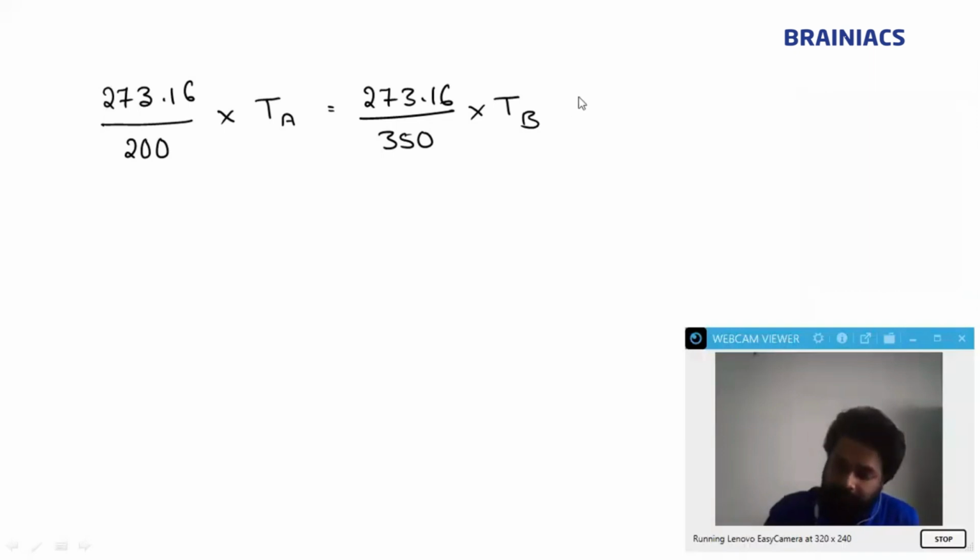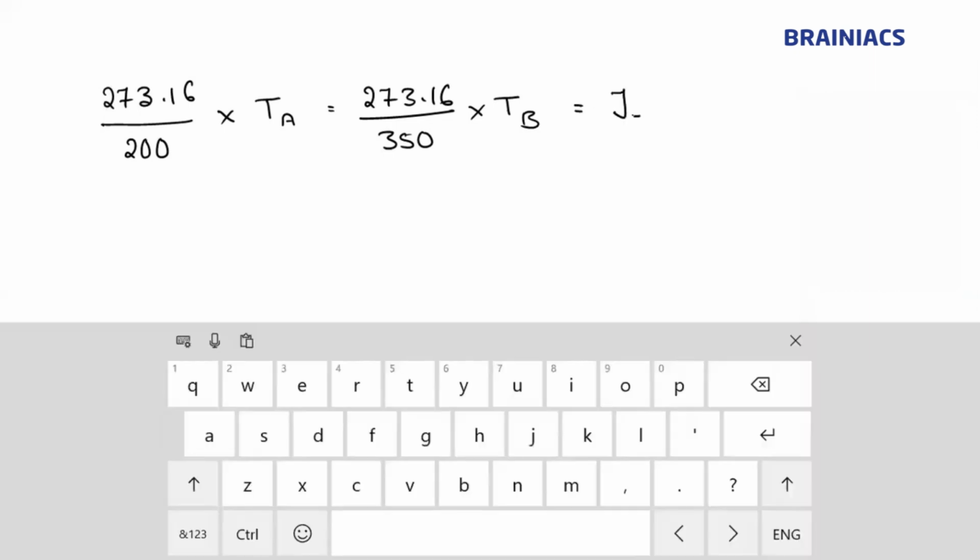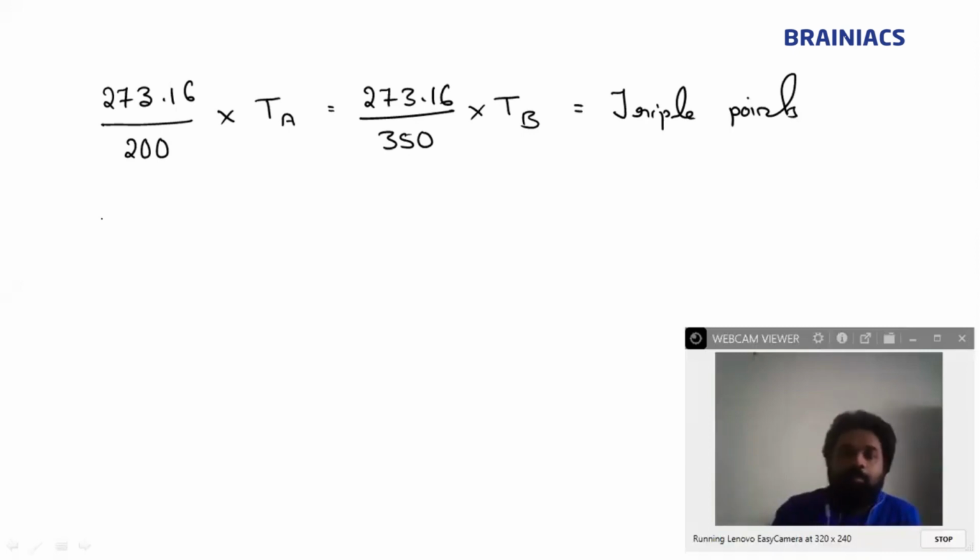Because they are triple points. 273.16 Kelvin is the triple point in Kelvin. 200A and 350B are the triple points in scales A and B. If we are converting triple points in TA and TB like this, then they are equal.